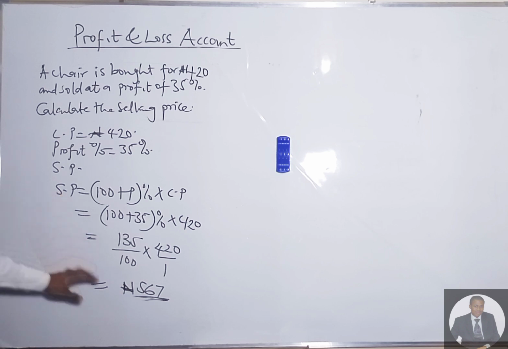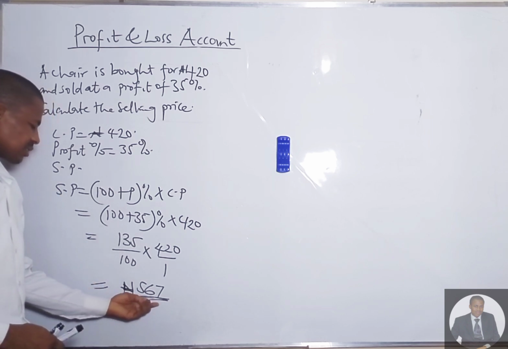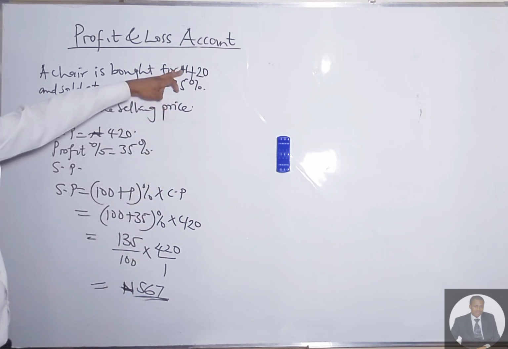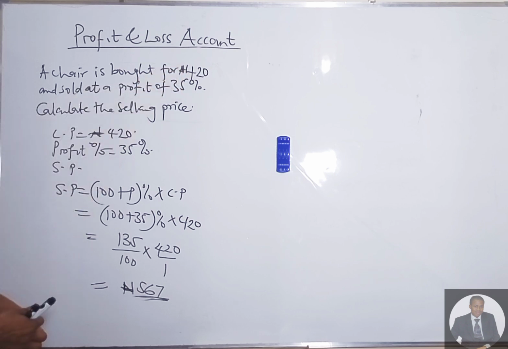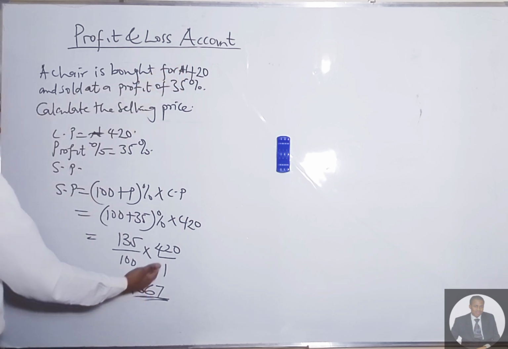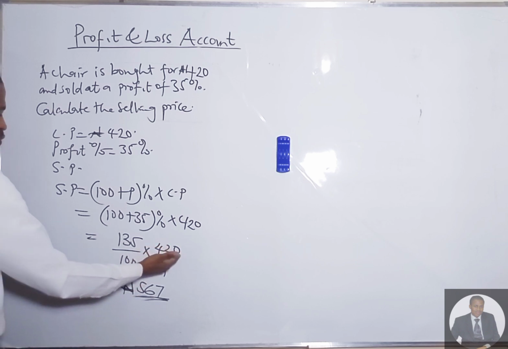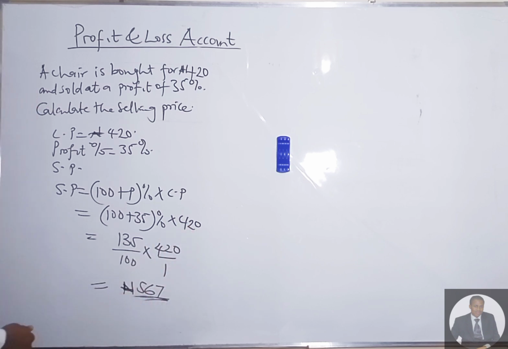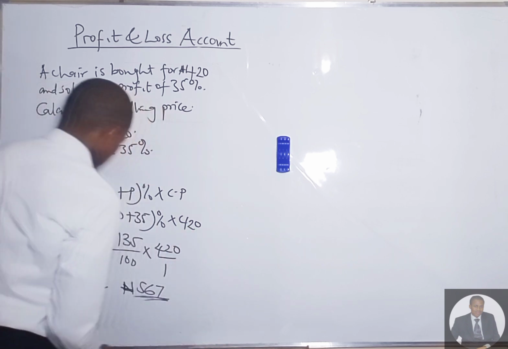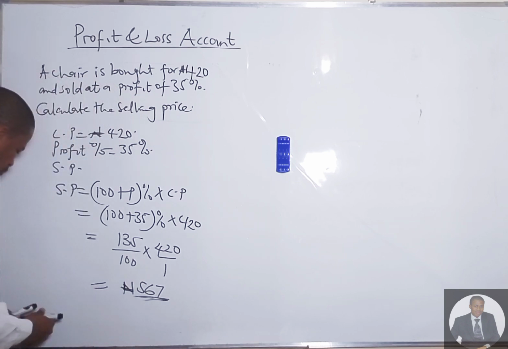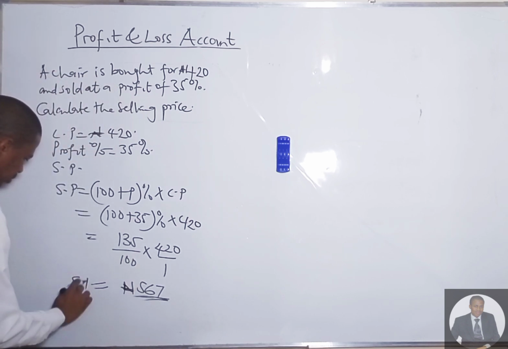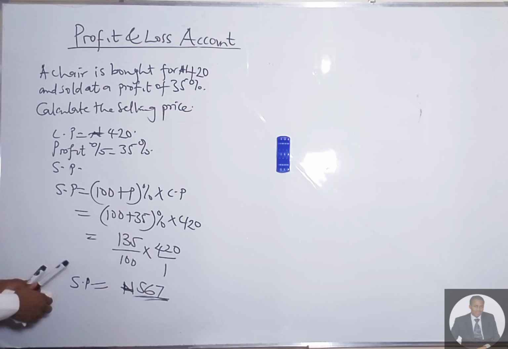So the person bought it at 420 and sold it at 567 naira. So there is a gain. The gain is the subtraction of 420 from 567. So the selling price will be 567 naira.